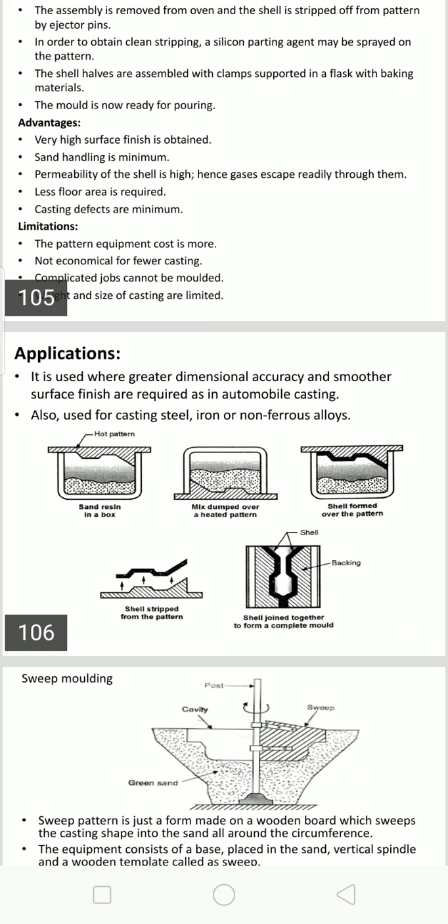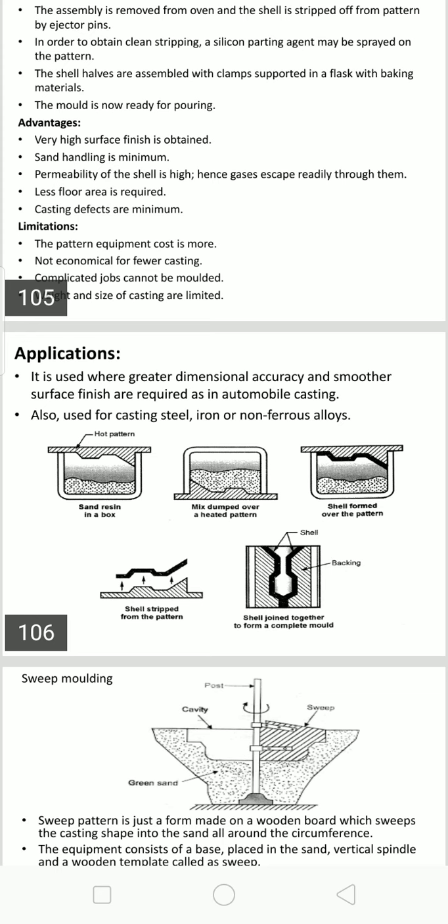To obtain the shell, the pattern plate is placed on top of the dump box containing the sand resin mixture. The dump box is inverted so that the pattern gets covered, as shown in figure 2. We are required to turn the dump box upside down, so the sand in the dump box falls on the heated pattern.